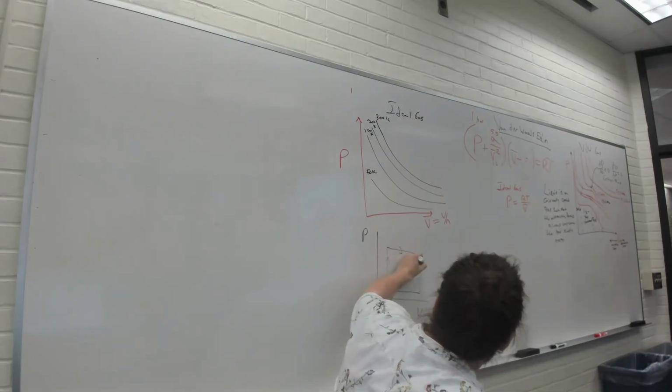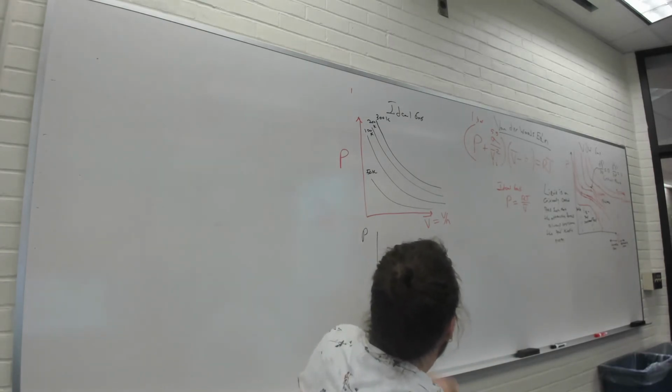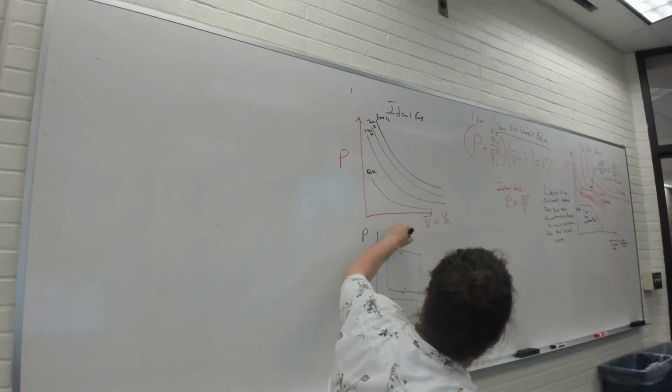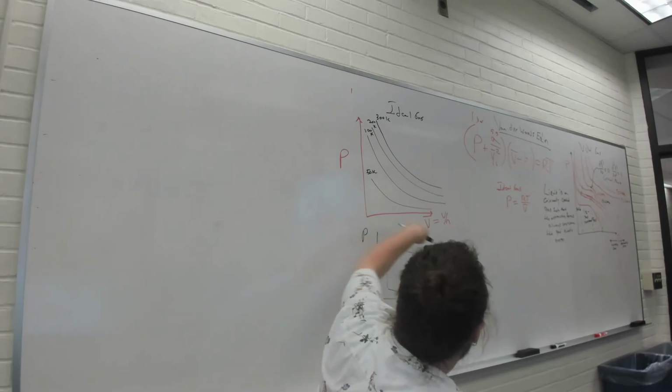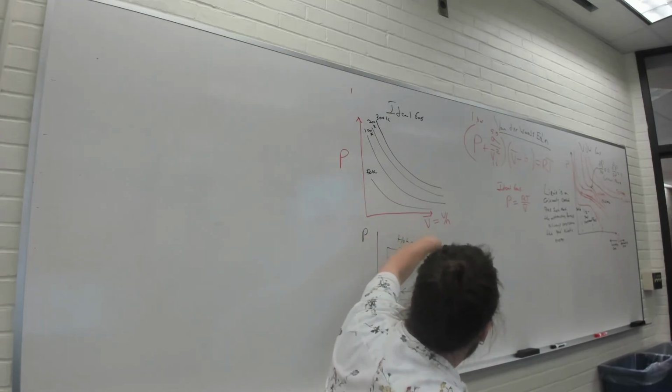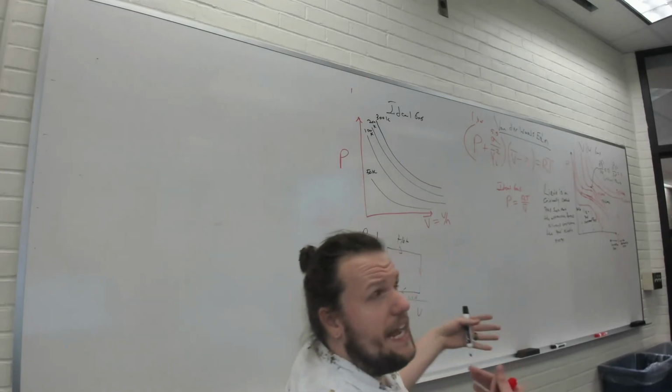So imagine you have some compressor and some expander, and what you can show is that there's going to be a hot side and a cold side. An air conditioner takes hot air in, compresses it, and then expands it. And when you expand a gas, it cools.